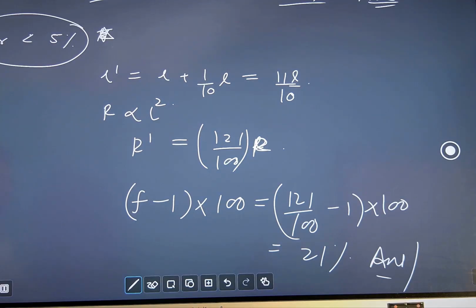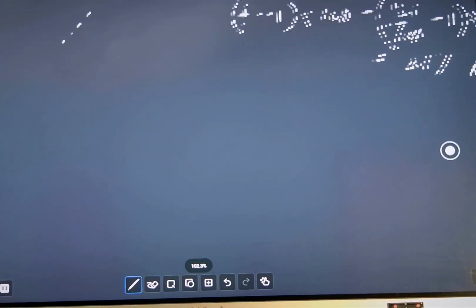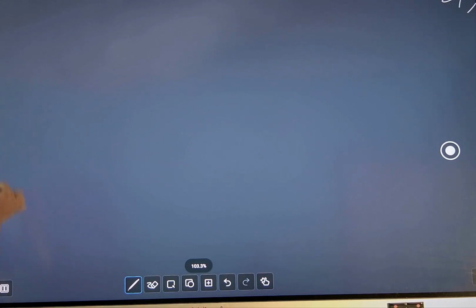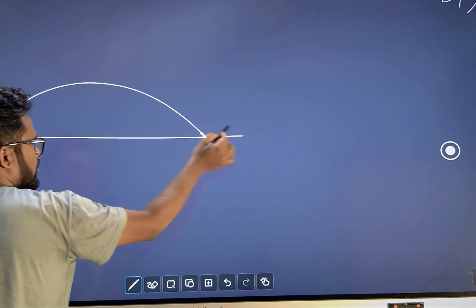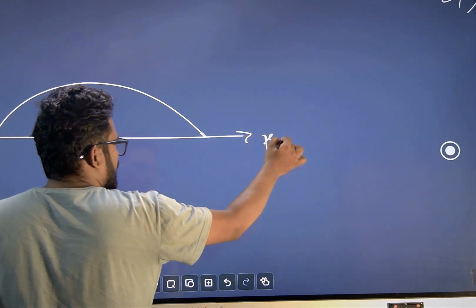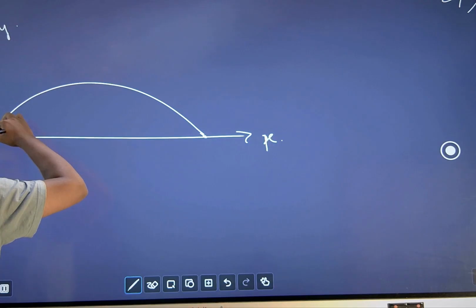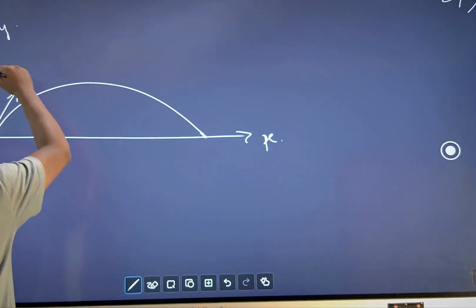Easy one. Okay, so you have to be very careful about these error and percentage problems, especially in NEET. They are still much more relevant. Okay, now one more question that can be connected with this: projectile, x-axis, y-axis. Now we are throwing a particle with speed u.